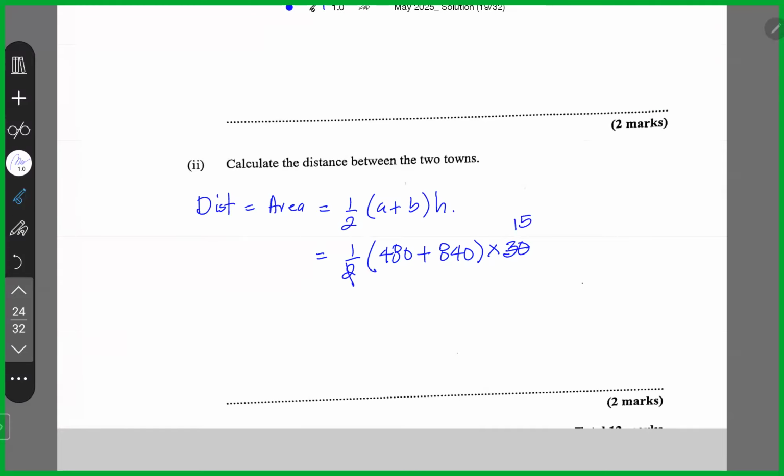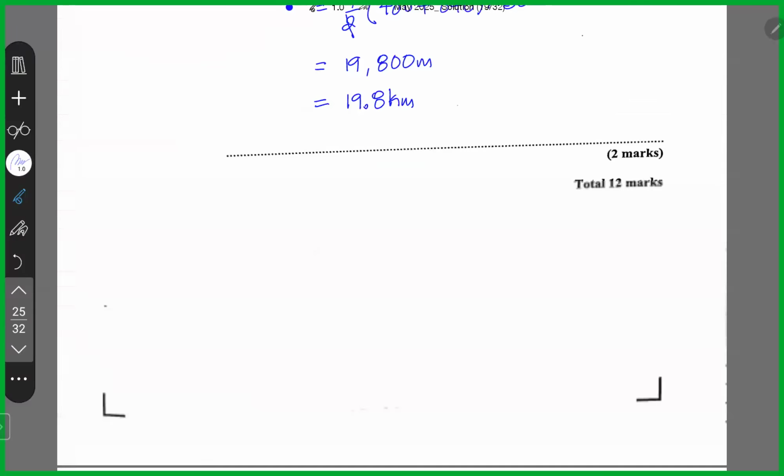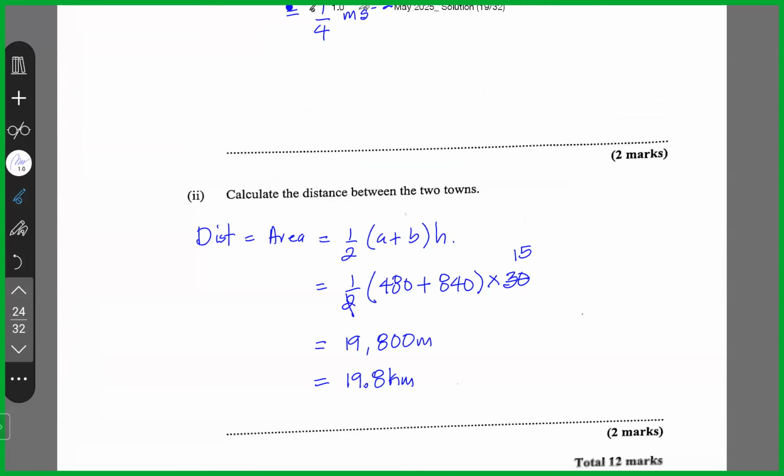So our final answer is a half of 480 plus 840 times 30, which is 480 plus 840 times 15. This is 19,800 meters. Or if we want, we could say this is equal to 19.8 kilometers. So the distance between the two towns is 19.8 kilometers.